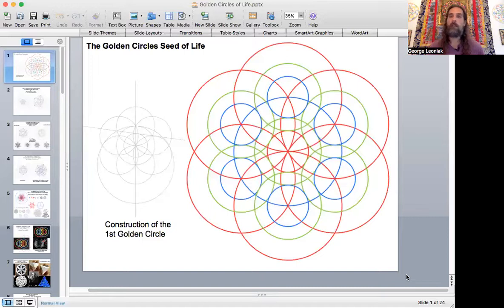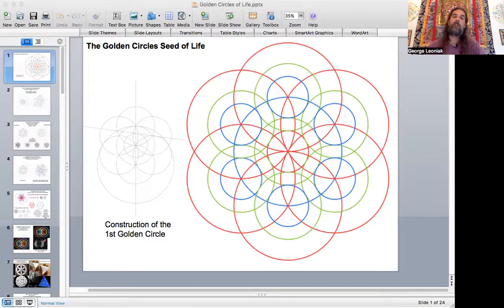But first, before we jump into showing all the forms and talking about that, I just want to give you a little bit of an overview of some of the incredible things about the golden circles seed of life pattern. What does that mean if you've never heard of that before?